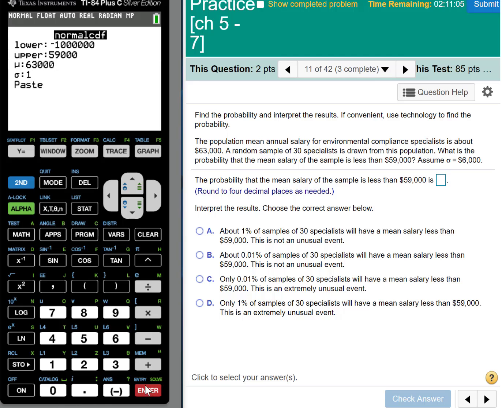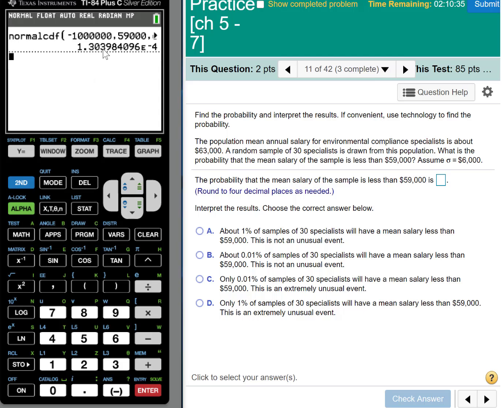What is the standard deviation? Remember, since this question is about x bar, the standard deviation is not only 6,000. It's 6,000 divided by the square root of the sample size. So it's going to be, guys, 6,000 divided by the square root of 30. If you don't put the square root of 30, you're going to get a wrong answer. So enter, paste, and that would be the answer.